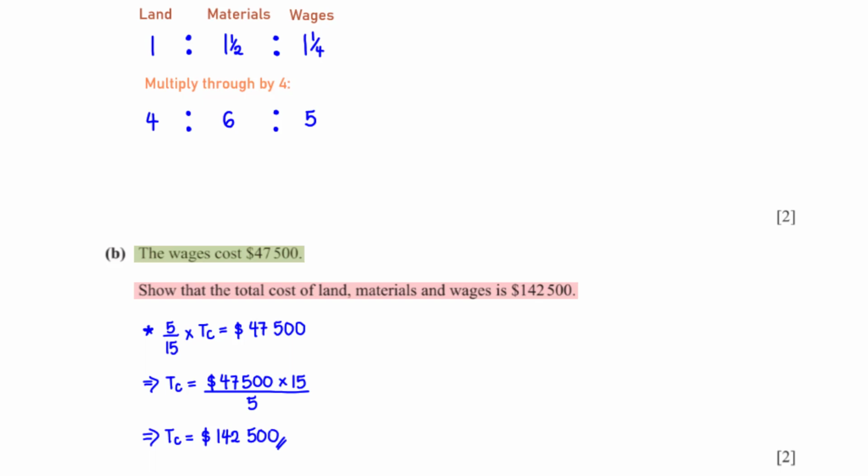If the wages cost $47,500, then the ratio share for wages, which is 5, divided by the total ratio of 4 plus 6 plus 5, which is 15, times the total cost is equal to $47,500. When we make the total cost the subject, this is what we have, which is equal to $142,500.